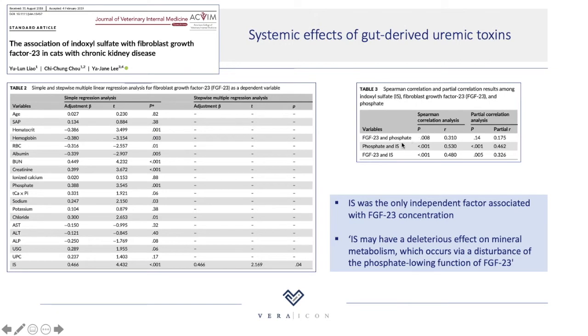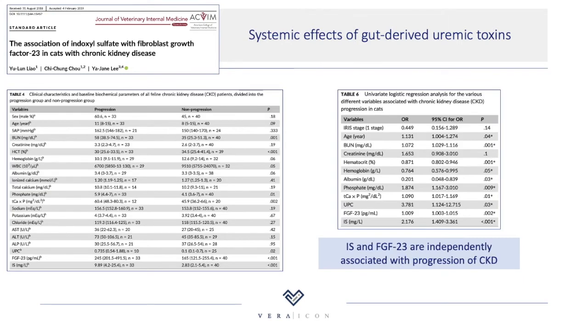But when they corrected for IS, it was found that the correlation between FGF23 and phosphate was lost, meaning the influence on phosphate by IS is probably going through the action of FGF23. So IS and FGF23 are linked to bone metabolism, to calcium and phosphorus homeostasis.